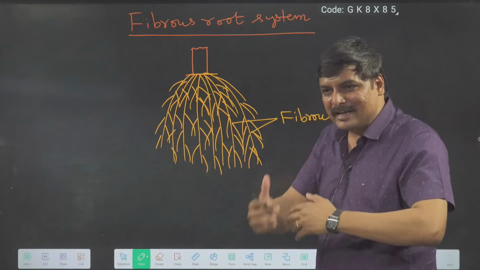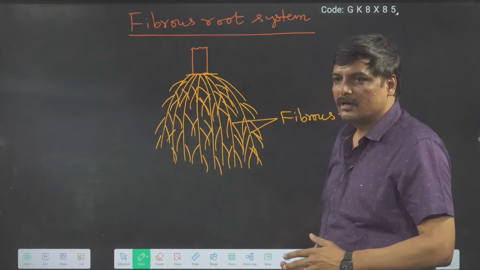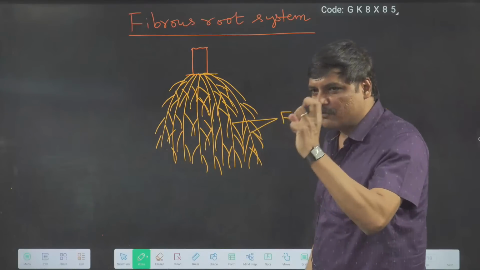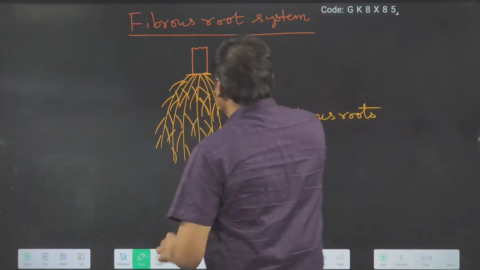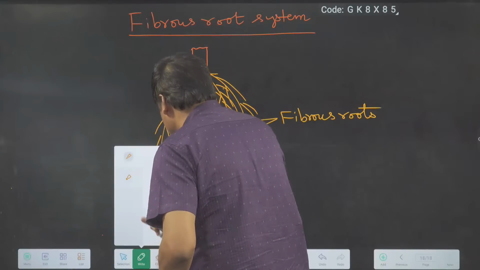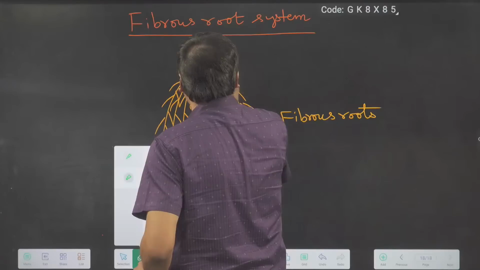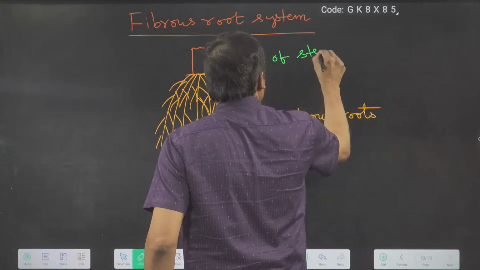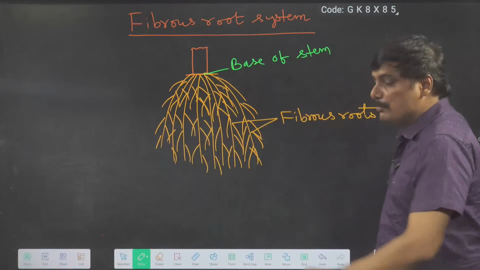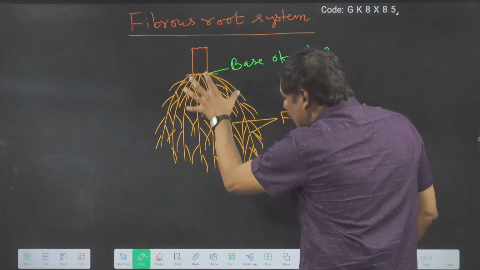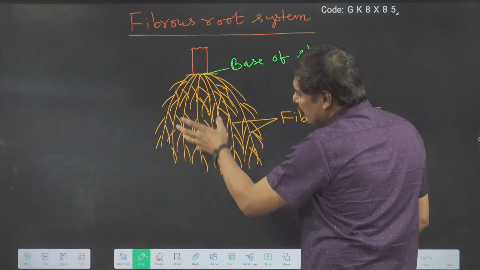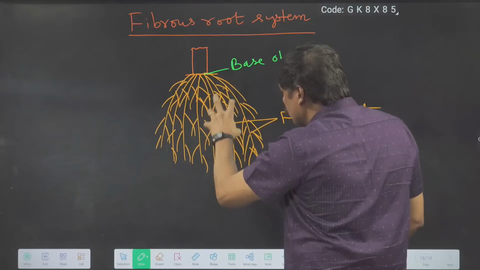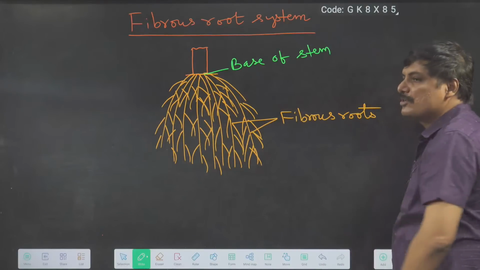Immediately after its disintegration, not a single root but a cluster of roots arises from the base of the stem. This part is called base of stem, and they also contain lateral roots.